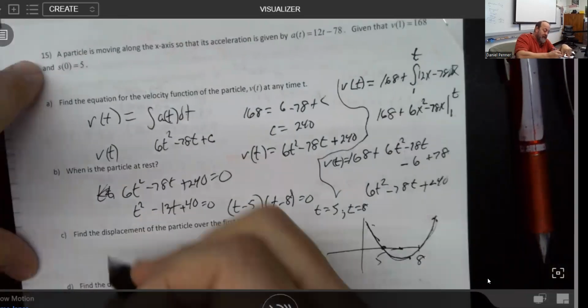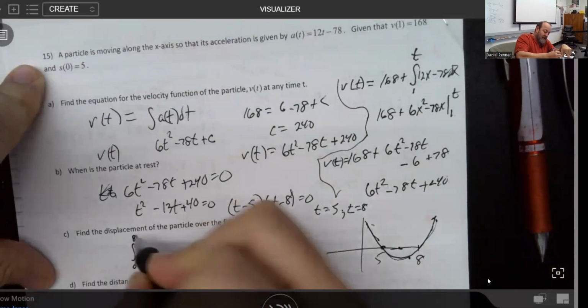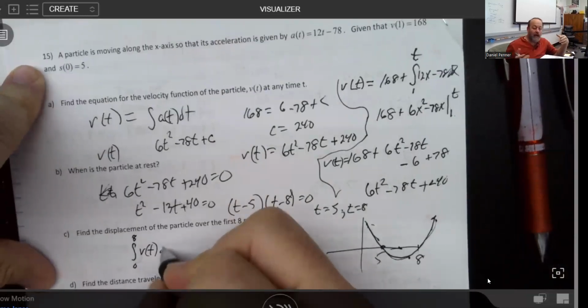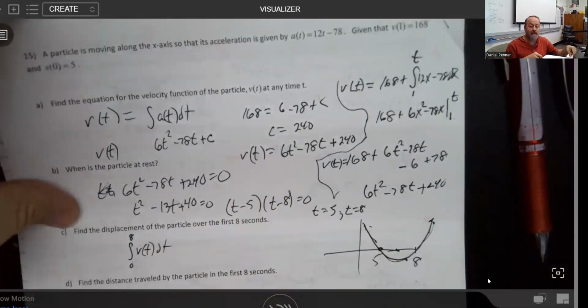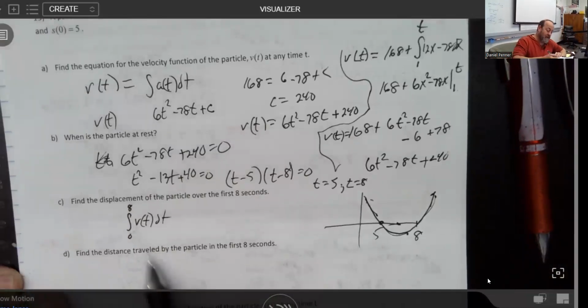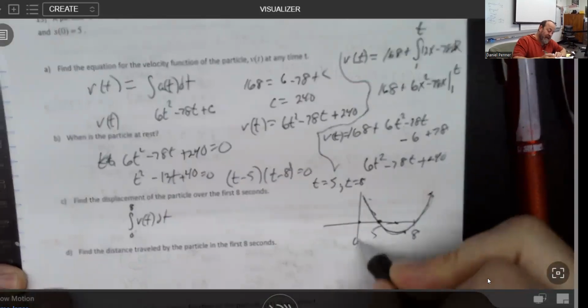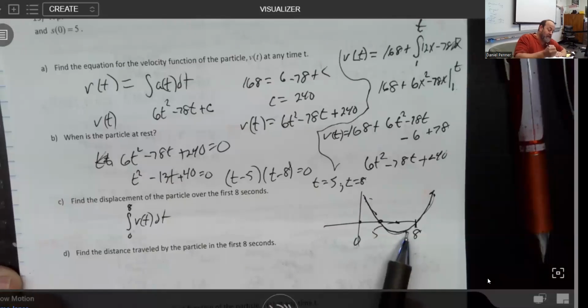The displacement is literally just the integral from 0 to 8 of v of t dt. Again, I don't actually need to know the initial position. The displacement from 0 to 8 is going to have some forward motion and some backward motion in there.